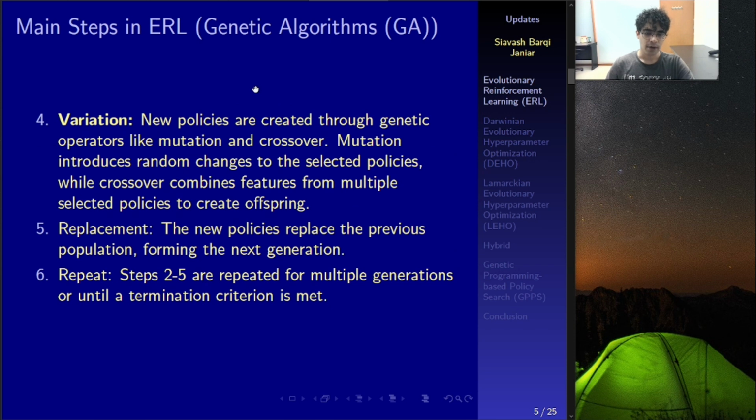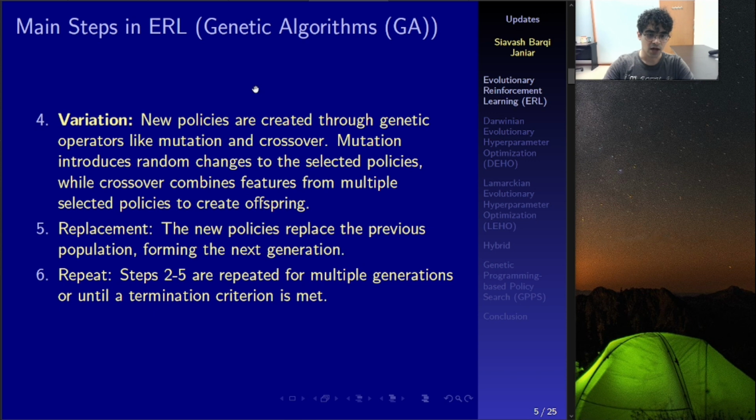In this step, we're creating the next generation, which is named offspring, which is going to replace the parents. This way we're avoiding explosion in population, and also we are manipulating these candidates to a point that we find solutions. This step is named variation.